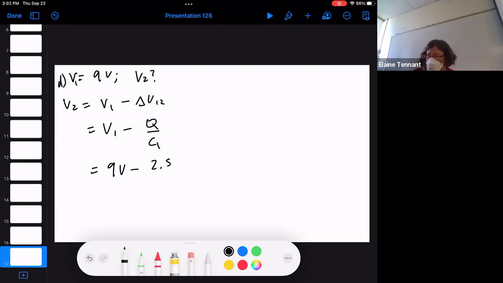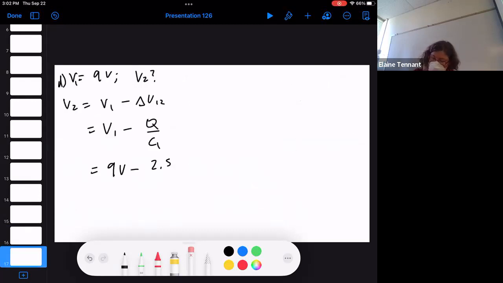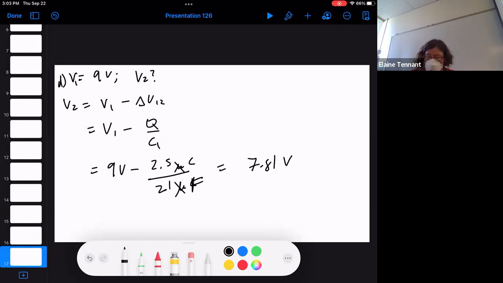So you have 2.5 microcoulombs divided by 2.1 microfarads. Notice that the micros just cancel out, so you don't even need to think about it that hard. Okay, and you get 7.81.